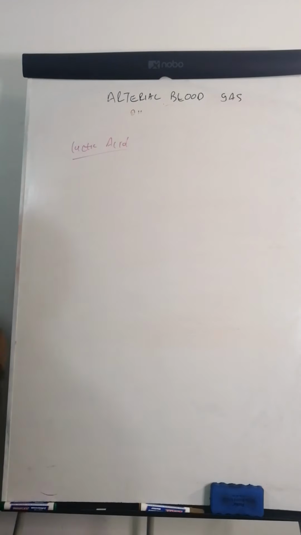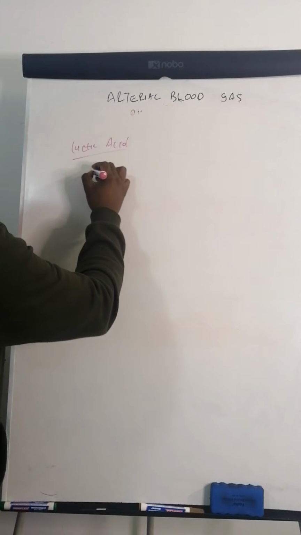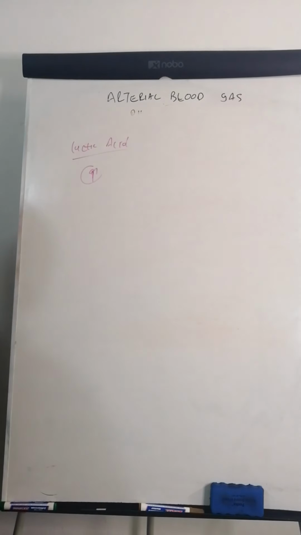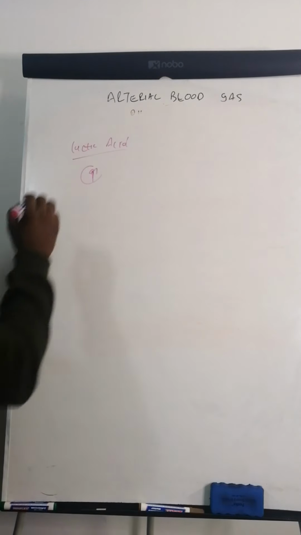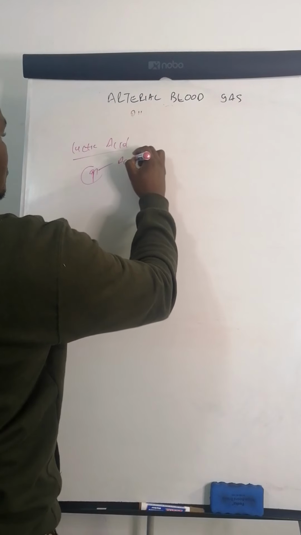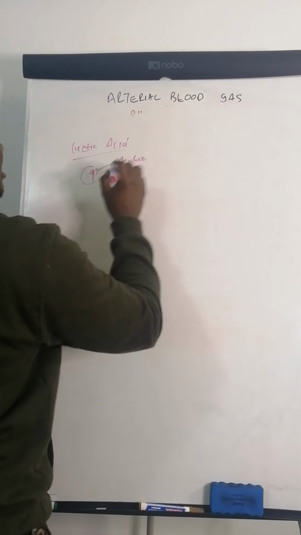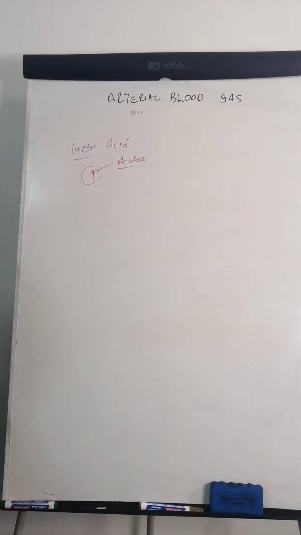When you've got a high lactic acid in your blood, it is going to make your blood acidic. This is now looking at the cause and other things. So it's going to make your blood acidic if you've got a high lactic acid.